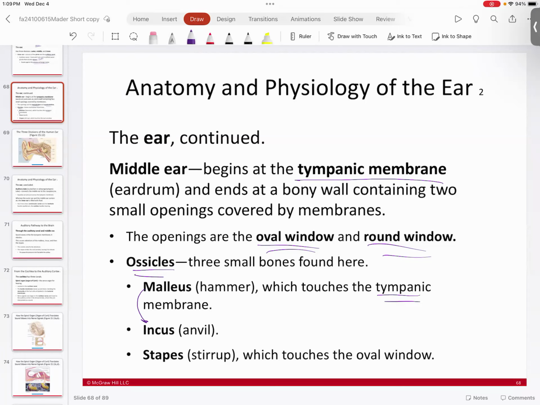The incus is sort of like a wedge bone between the malleus and the stapes, which is called the stirrup because it looks like a stirrup. This is the one that connects to the oval window. So what you have is a multi-jointed system that is designed to move back and forth.